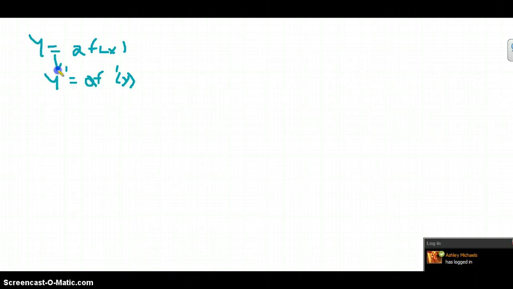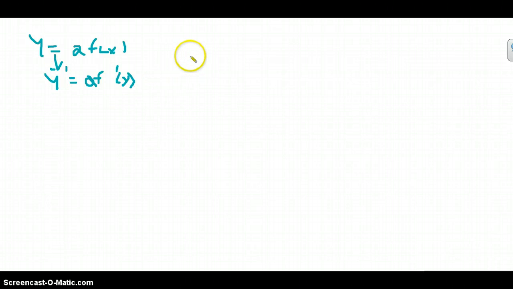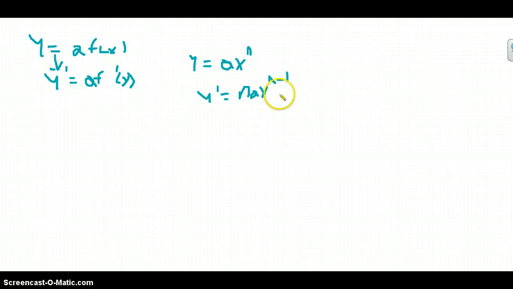So these things are equal. So this means that if y equals a x to the n, right? Then y prime is equal to n a x to the n minus 1.